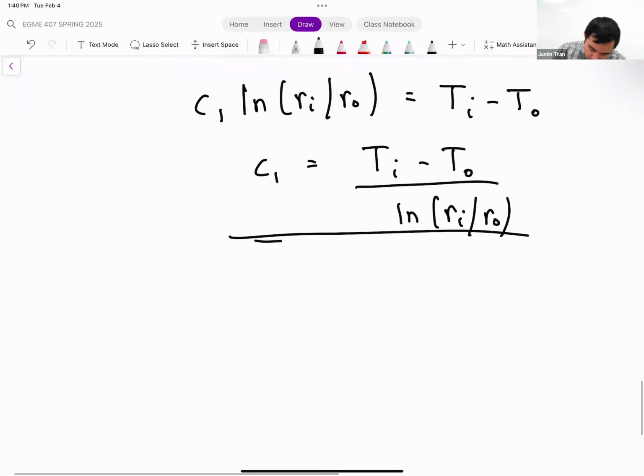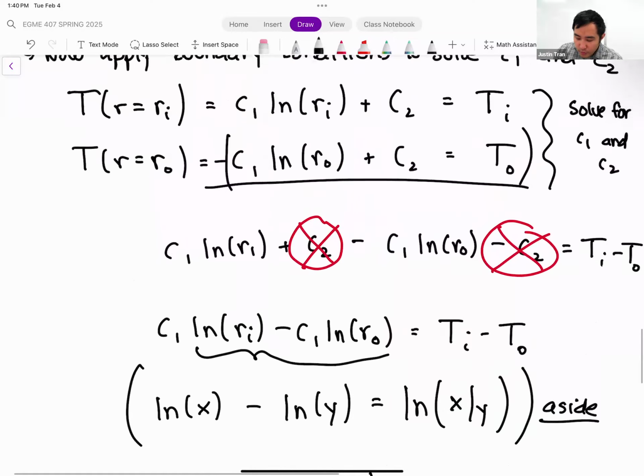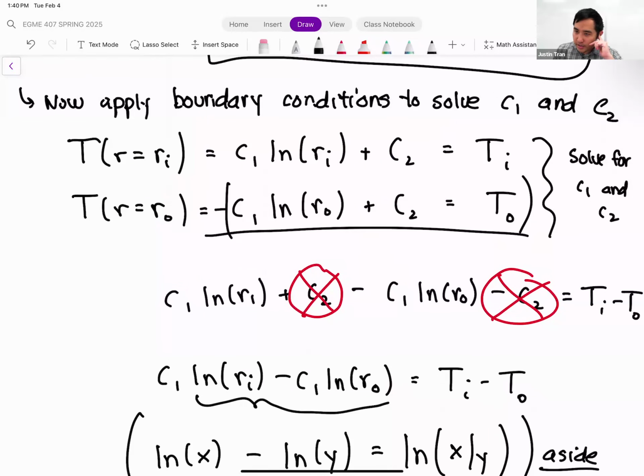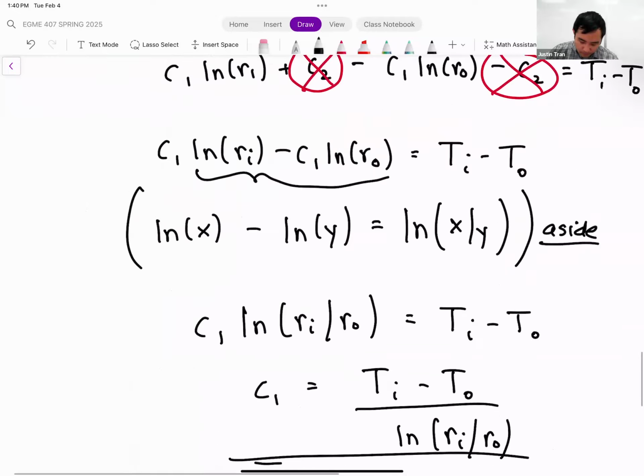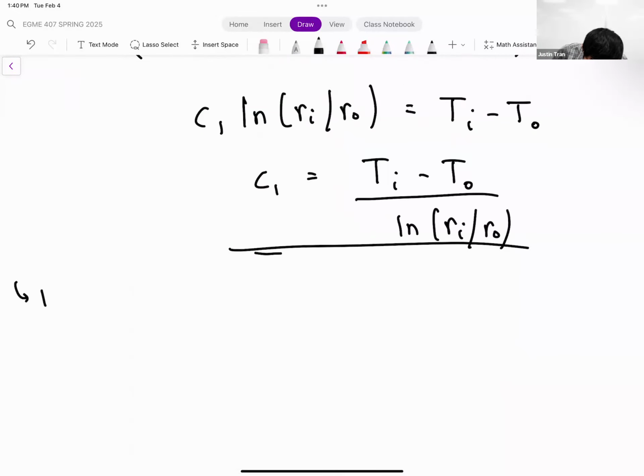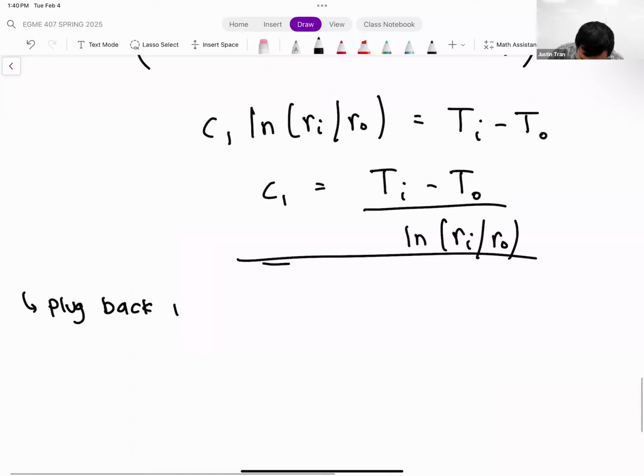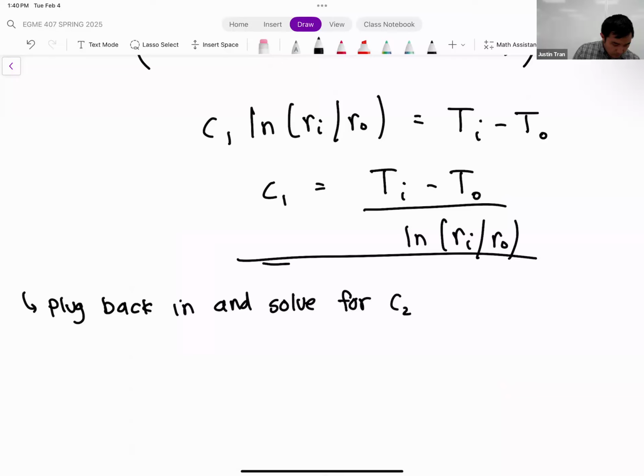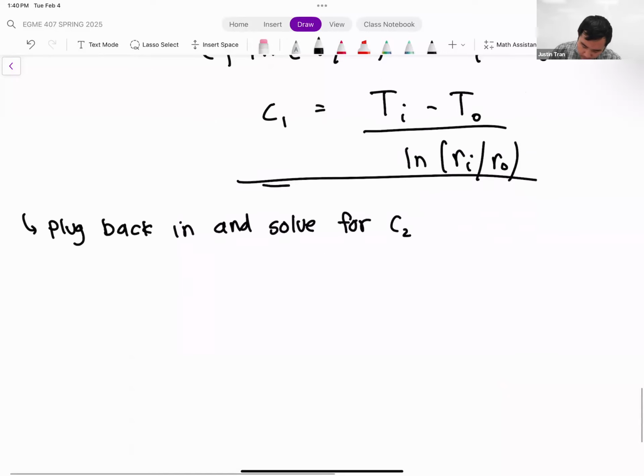At this point, we can take this value of C1 and plug it into either equation and use it to solve for C2. So let's plug this back in and solve for C2. I'm going to do it for equation 2, just because that's how I have it in the notes.